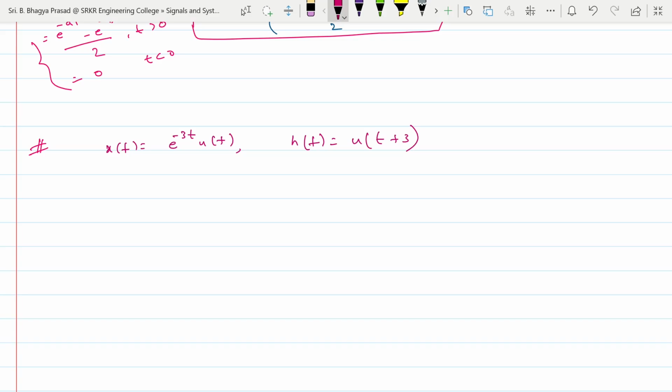So if you plot the signals perfectly at each and every case, you can solve the problem with a perfect answer. So let us plot this one: e power minus 3t u of t, and this is u of t plus 3, the step signal starting from t equal to minus 3.